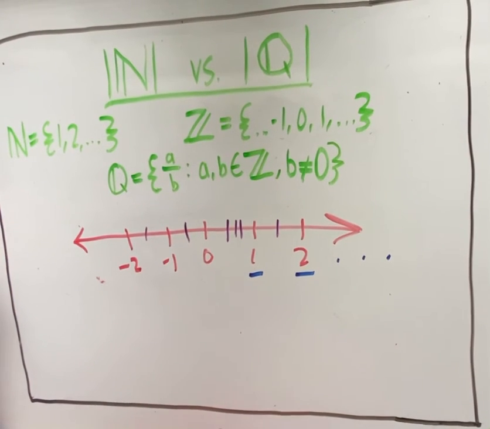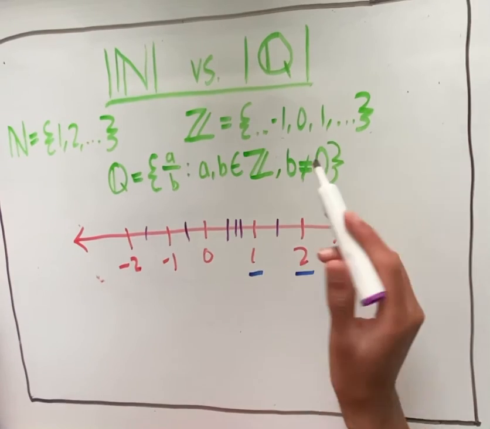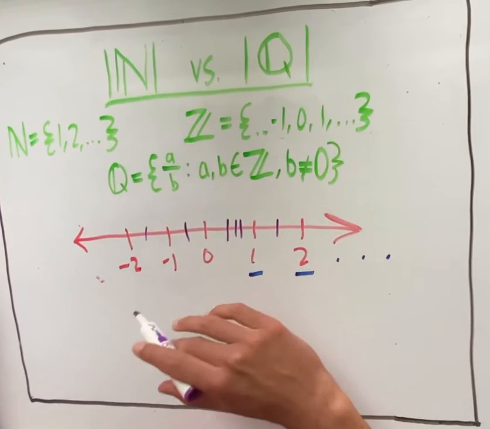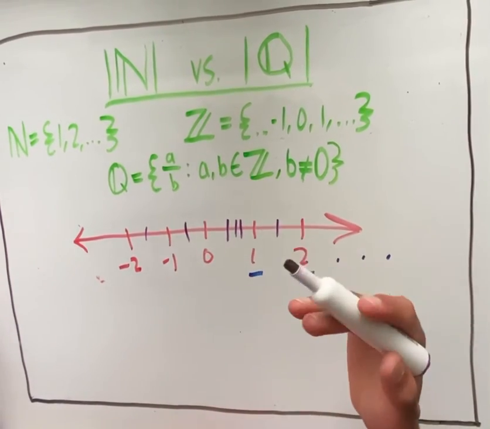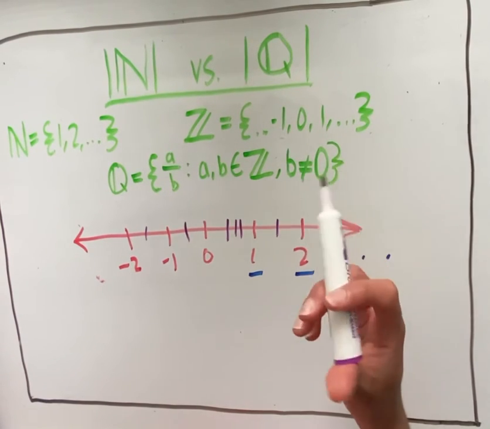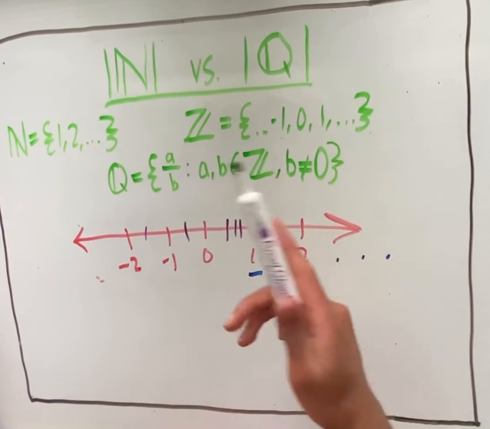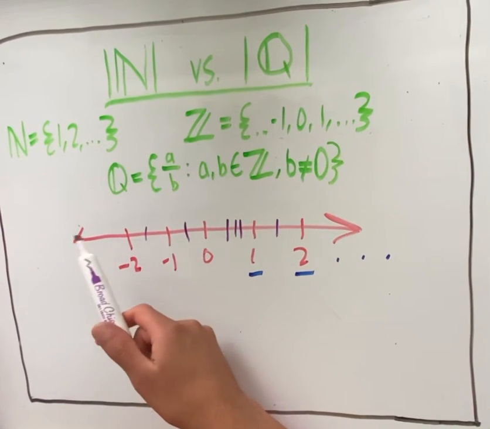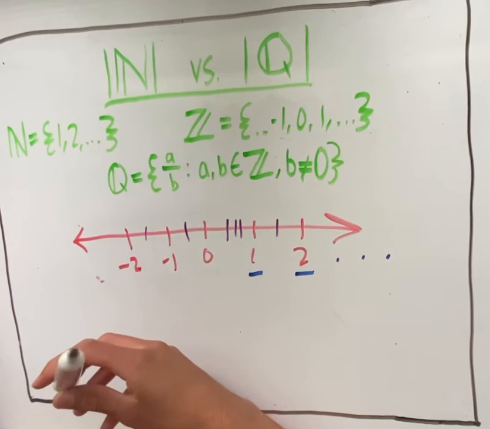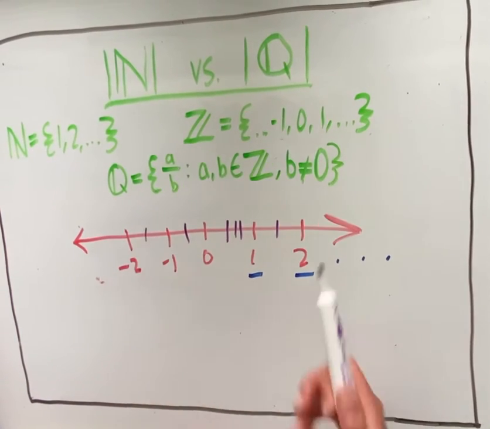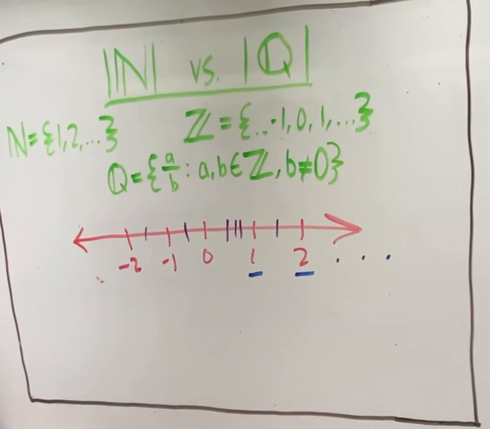And one thing we can show is that the rationals are dense in the real numbers, meaning that for any real number you choose, real numbers are any number here. Anywhere you pick, it can be written as a decimal expansion, either a terminating one, which makes it rational, or even repeating decimals are rational, but there are also irrational numbers like pi, e, and the square root of 2, which can only be written as an infinite non-repeating decimal.